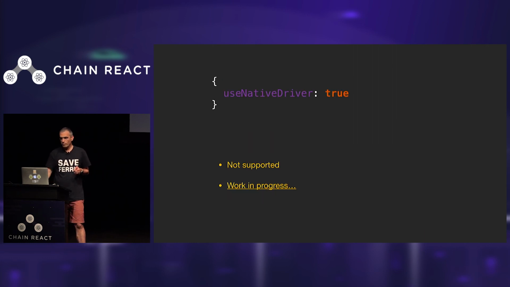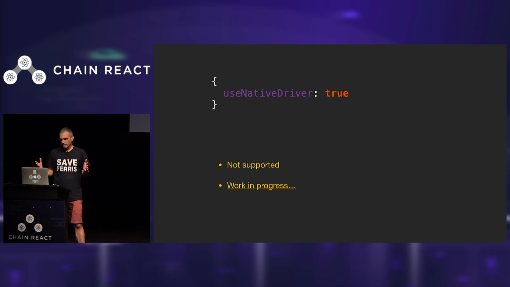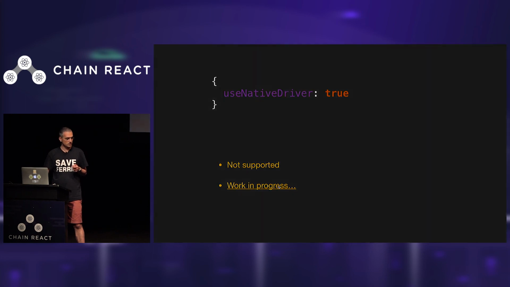So some of you may ask whether those animations support useNativeDriver. So we all strive to move all the heavy lifting of animations from the JavaScript side into the native side, right? So the bad news is, bless you. The bad news is it's not supported yet. However, it is very much work in progress.